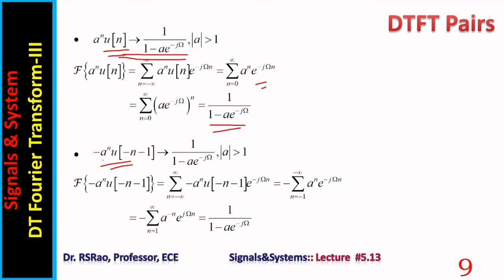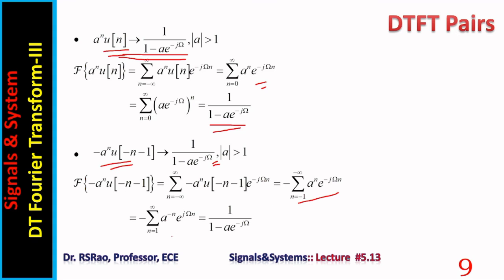Another sequence, minus a power n u of minus n minus 1. Its transform can be found equal to 1 by 1 minus a e power minus j omega. Now, using the definition, transform of minus a power n u of minus n minus 1 becomes equal to sigma n minus infinity to plus infinity minus a power n u of minus n minus 1 e power minus j omega n.